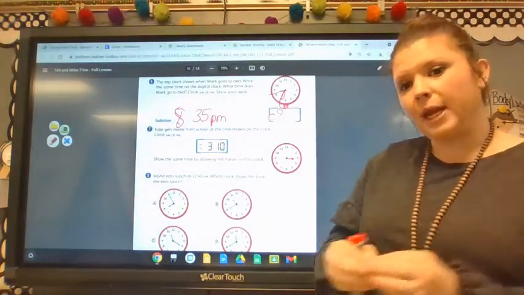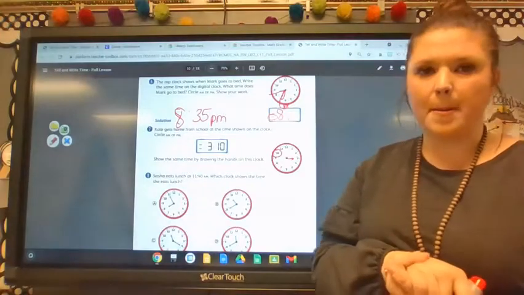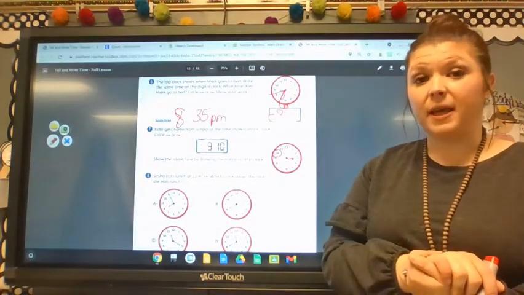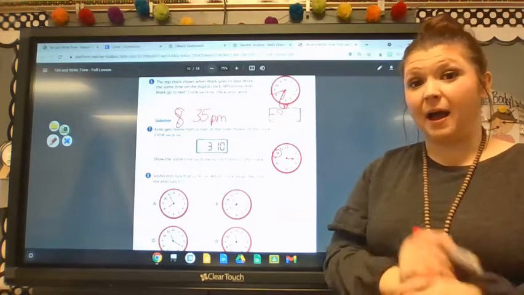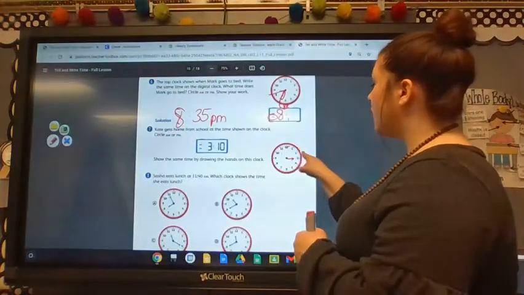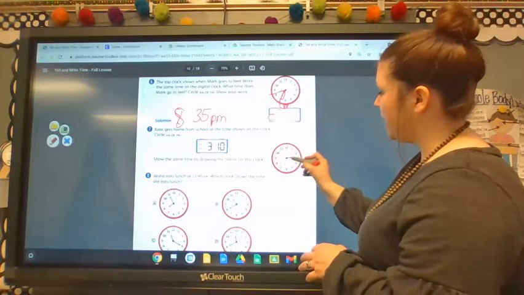Now, will our minute hand point at the 10 digit on the clock? No, it won't, will it? Because we have to count our minutes by 5s, okay? So remember those little individual lines around the clock represent the minutes.